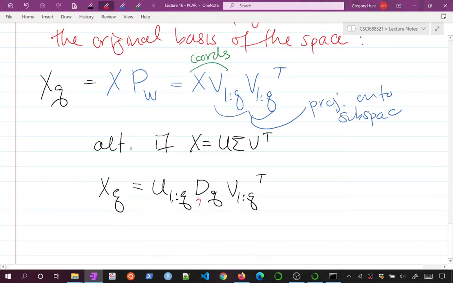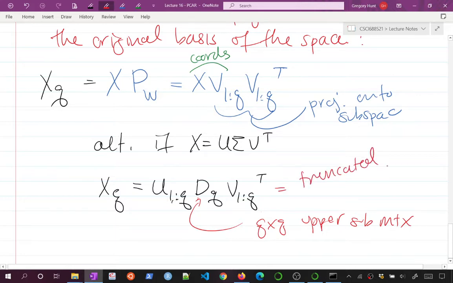I'm just going to have the Q by Q upper submatrix. So basically, if I truncate, this is sometimes called the truncated singular value decomposition, where instead of calculating all of it, I just stop at some Q that's less than the rank of this thing. And so that's another way of writing it. And you should be able to see that this should be equivalent to my other way of viewing it.